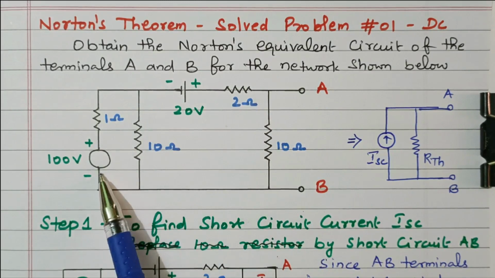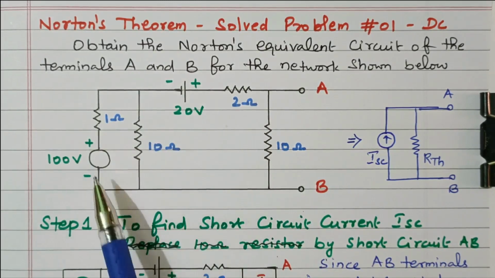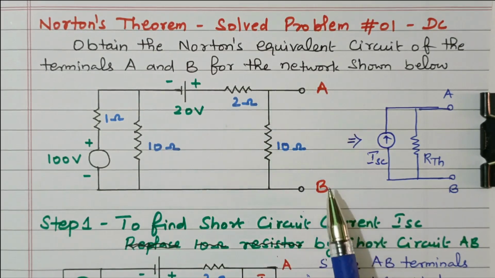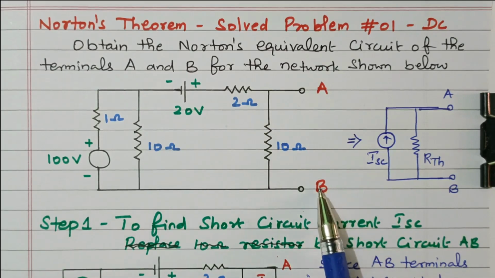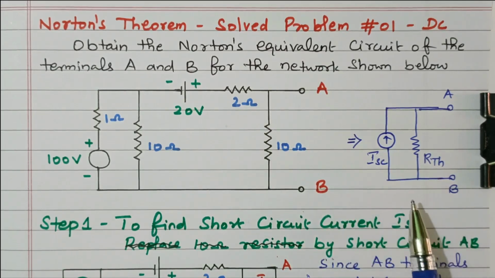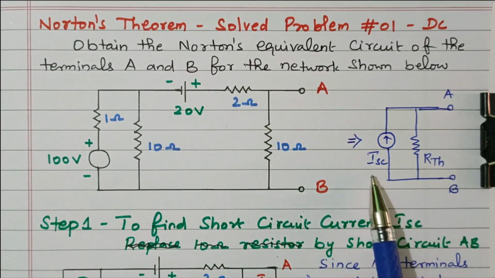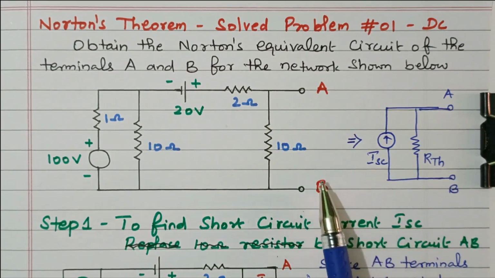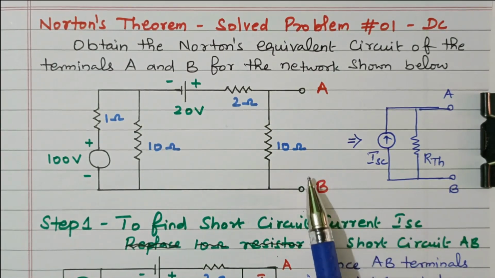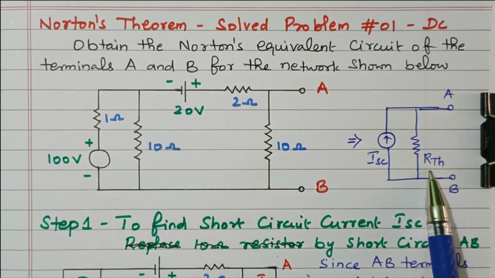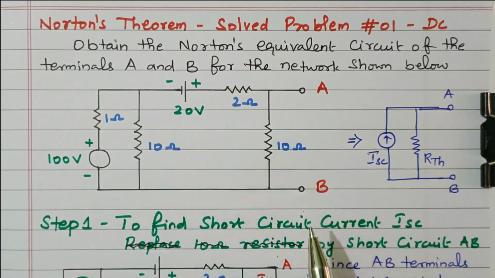Here two voltage sources are available; we remove both and find the resistance across A and B, which is the Thevenin resistance. So we need the short circuit current through terminal AB and then the Thevenin resistance across terminal AB. First we will find ISC.